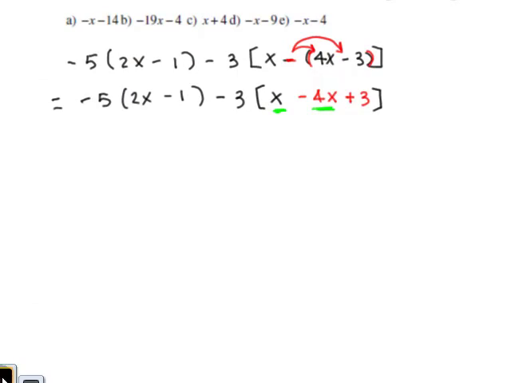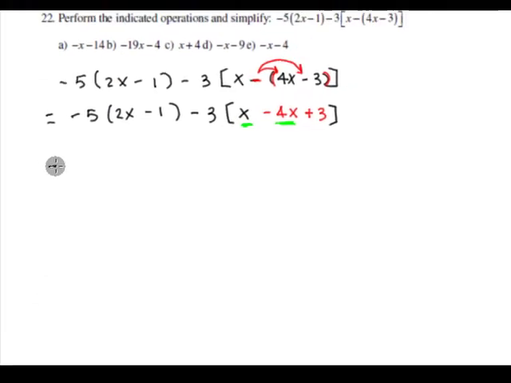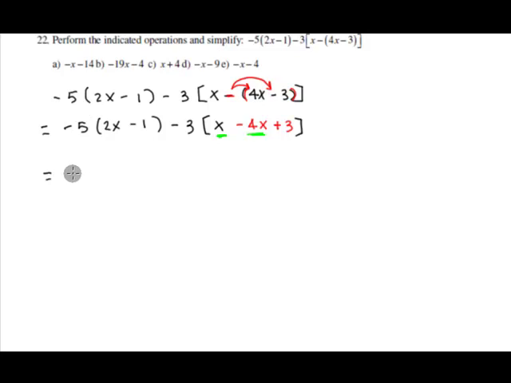Now I'm going to rewrite the rest again. We have to learn how to rewrite steps. So I have -5 times 2x minus 1, minus 3 times x combined with -4x. 1x combined with -4x, we're going to get -3x.